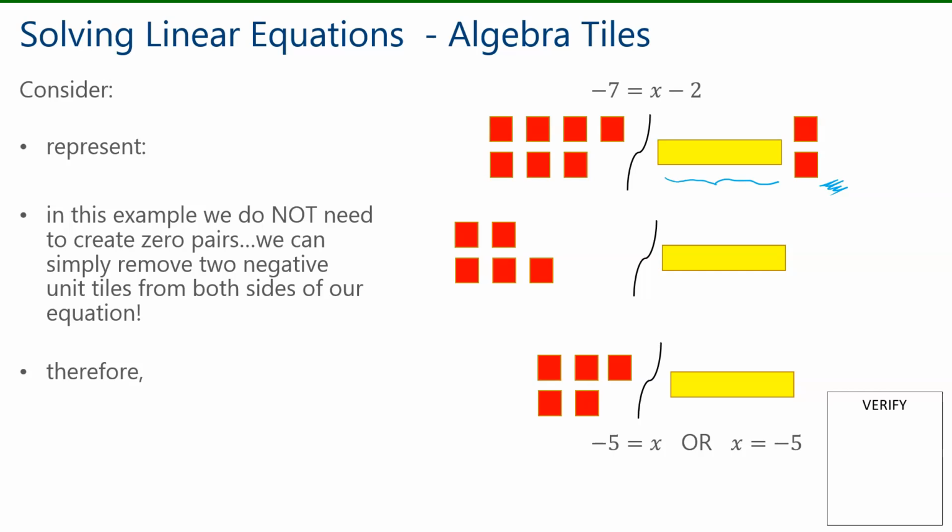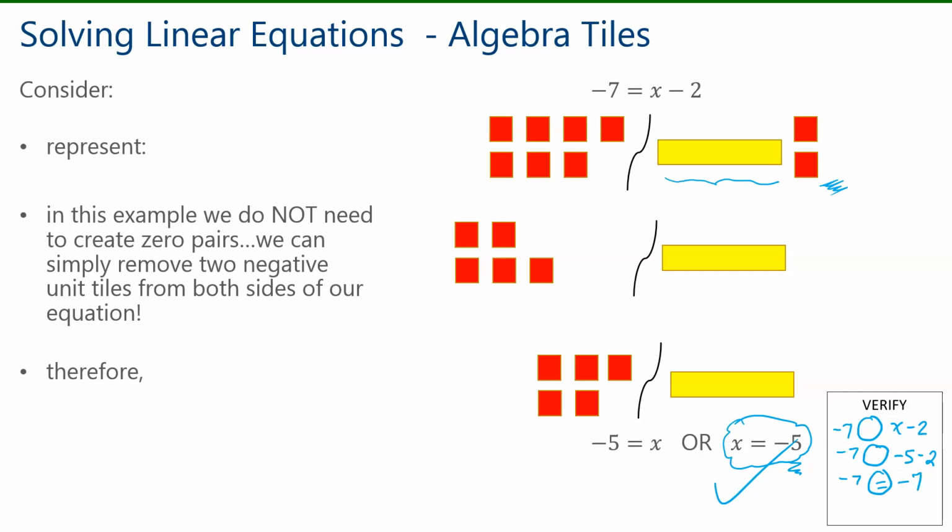Let's verify. -7, x subtract 2. In place of the x, we found x to be -5. -5 subtract 2. Your work on integers comes into play here. -5 subtract 2 is indeed -7. -7 equals -7. x equals -5. Correct answer.